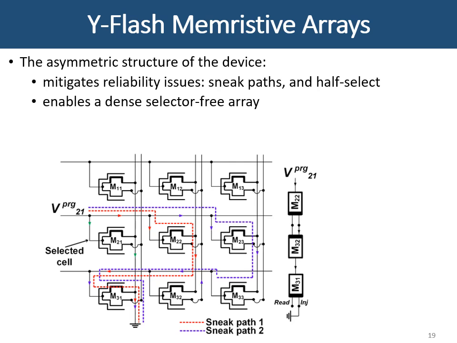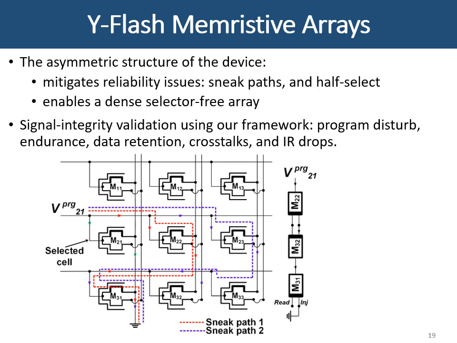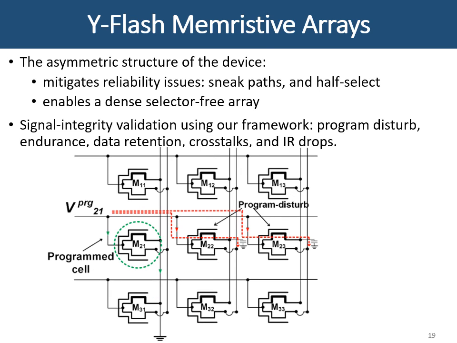Our framework enables reliability and signal integrity validation of such arrays after their physical design, to be tested against such extreme cases and other disturbing effects, such as program disturb, which disturbs adjacent cells that share the same drain terminal and leak to the substrate via the injection transistors.